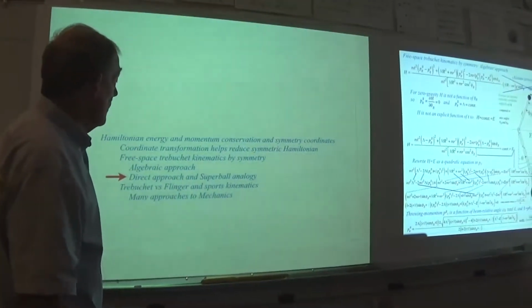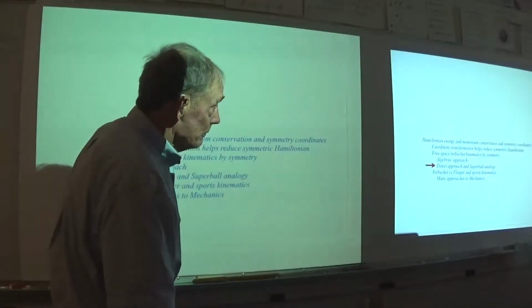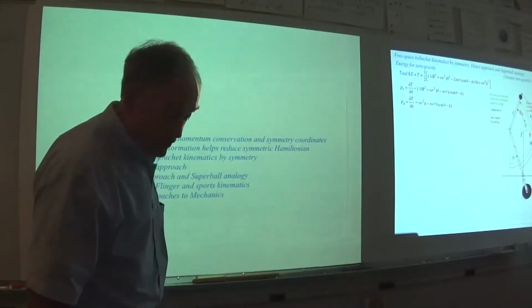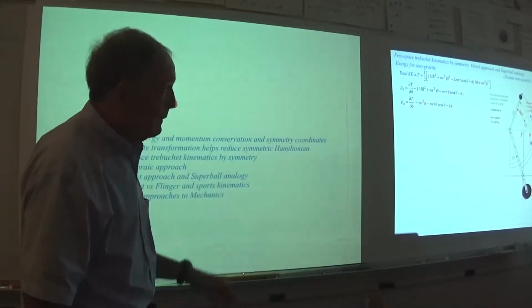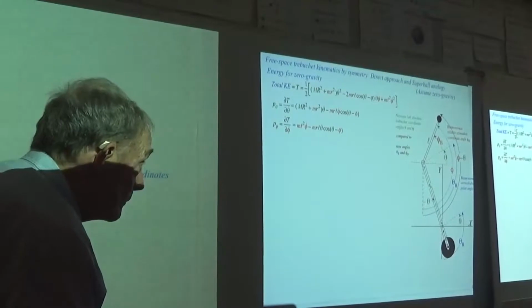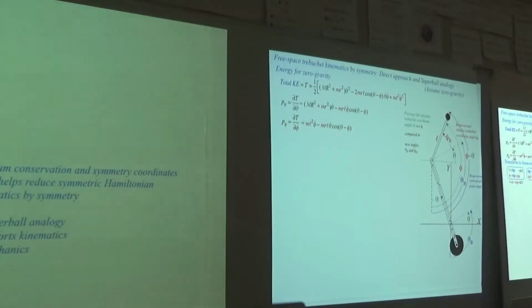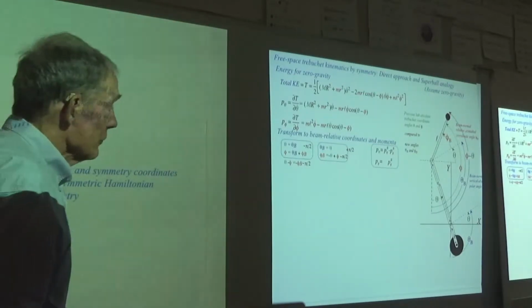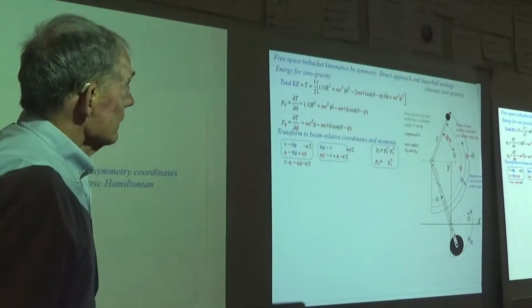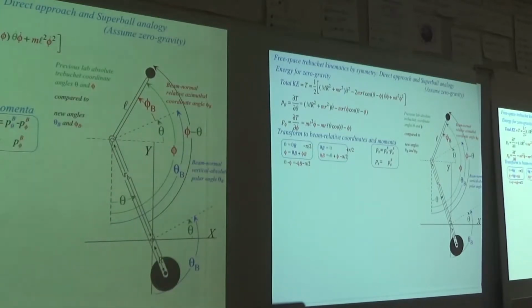So this is the direct approach, and it turns out to be an analogy for the Super Ball experiment, but just with two masses, the M1 and M2. Ball and pen is what we worked with. Here are the equations that we've already used to relate the beam relative angles and momenta to the original ones that we picked in your first go-around for the analysis of this.